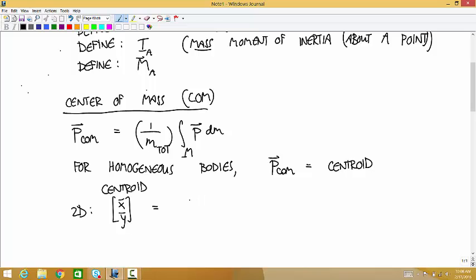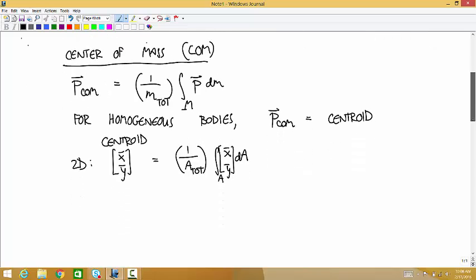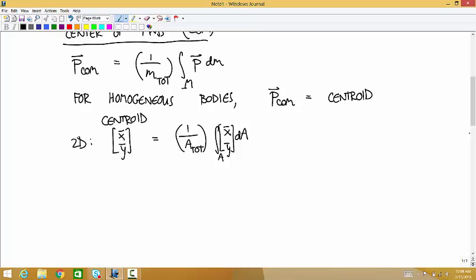X bar, Y bar is equal to 1 over the total area times the integral over the total area of the centroid of whatever your infinitesimal unit of area is times that infinitesimal area. And you can see the similarity. If you have a homogeneous material, it makes sense that this would be the case because the mass is spread evenly depending on how much material you have.